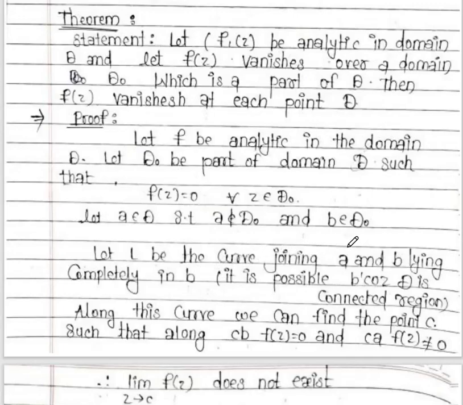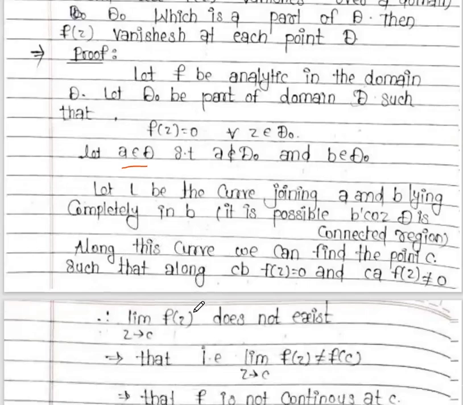Here we will select a point A belongs to D such that A does not belong to D0 and B belongs to D0, and let L be the curve joining A and B and lying completely in D. It is possible because D is a connected region.